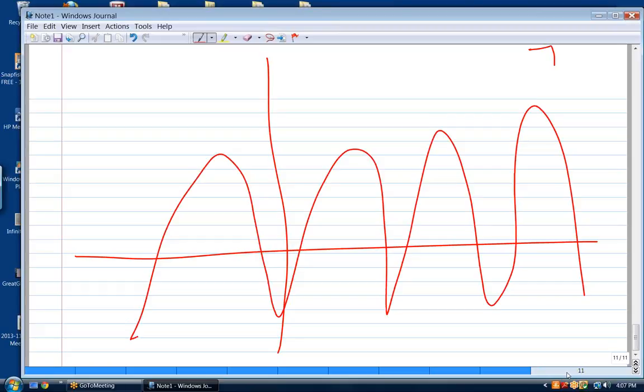you got a lot of relative maximums and a lot of relative minimums. Here's my relative maximums. Here's my relative minimums. But none of them are absolute.